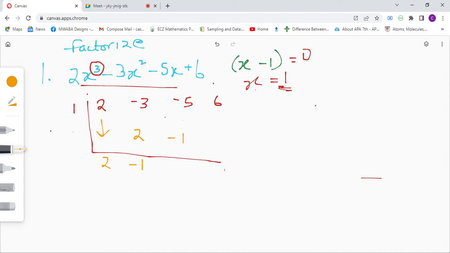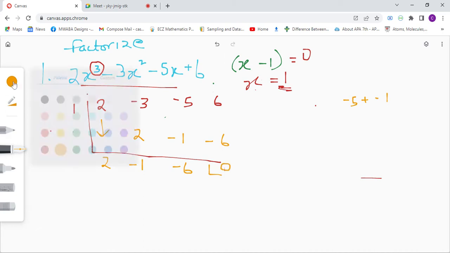And then negative 5 plus negative 1, negative 5 minus 1, we get negative 6. 1 times negative 6, we get negative 6. 6 plus negative 6, we get 0.